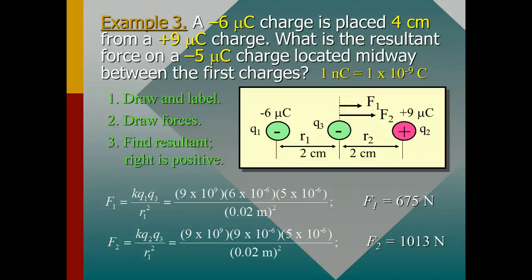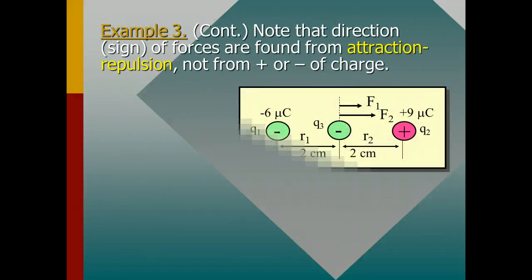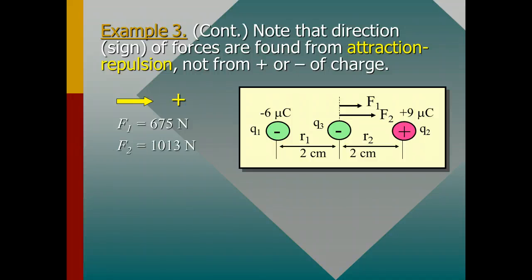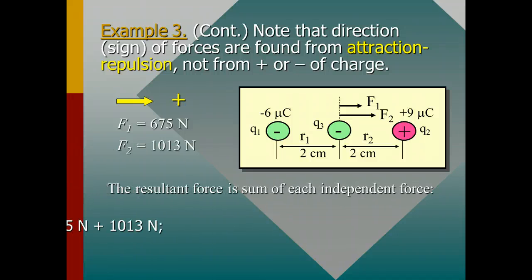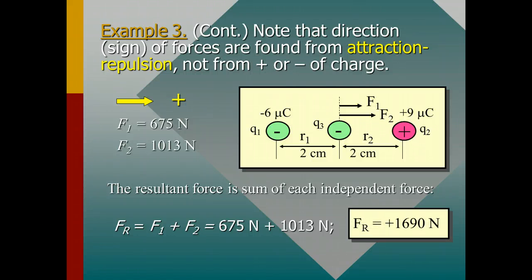We're back to vector addition. Those two forces are pointed in the same direction, so they add together. So our force 1 is 675, our force 2 is 1013. We add those two forces together, and so the result is that our net force is 1690 newtons.